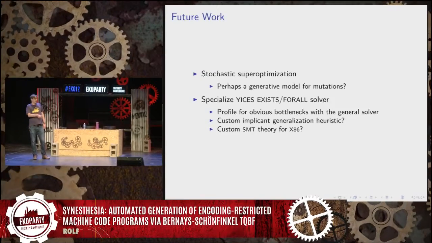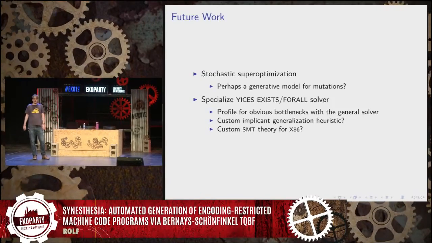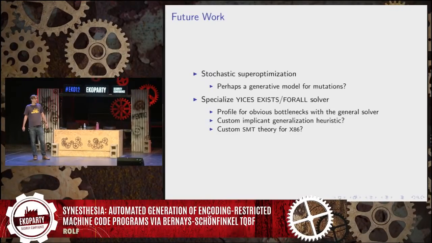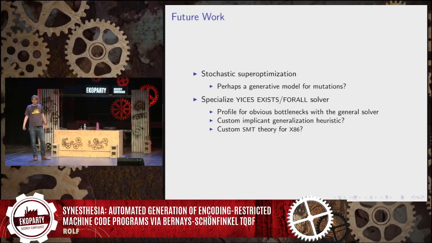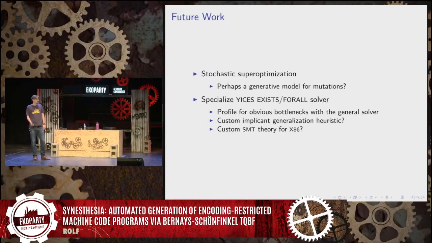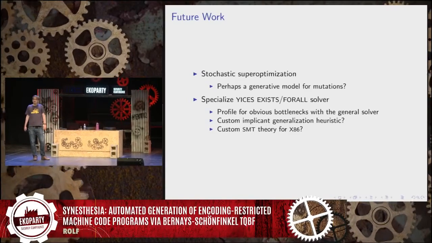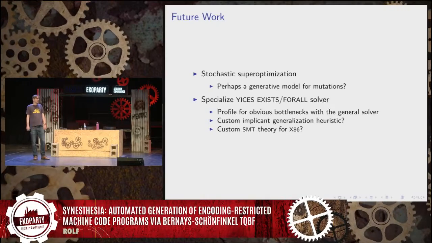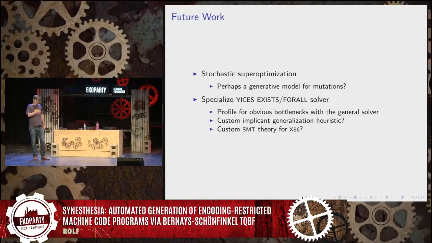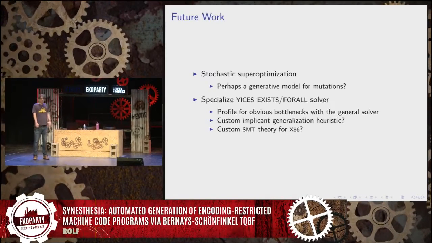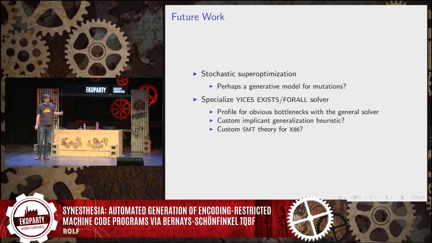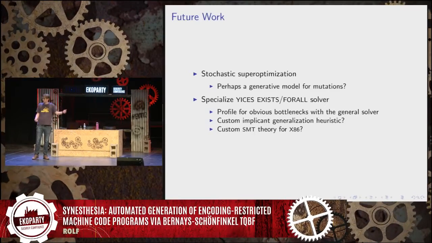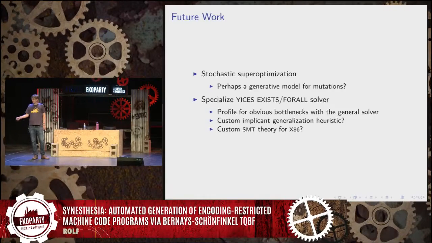Their solver also has something called an implicant generalization heuristic, and I want to see if I can do something special for this problem there. And maybe there is some benefit to be obtained by making a custom SMT theory that describes an assembly language. Who knows? Truthfully, I'm sick of working on this problem, so I probably won't do any of this. But if anybody wants to pick up where I left off, this is where I'd start.